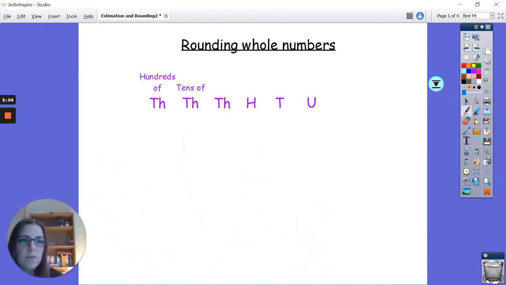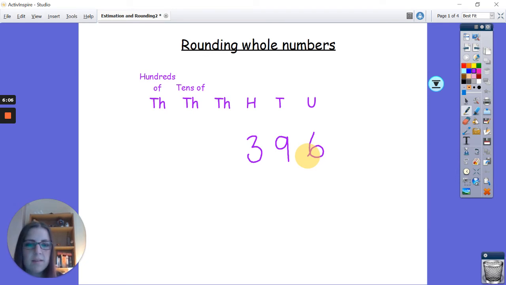We have to be quite careful when we have the number 9, and I'll show you why. Okay, if we look at this number here and we want to round to the nearest 10, we have 396.